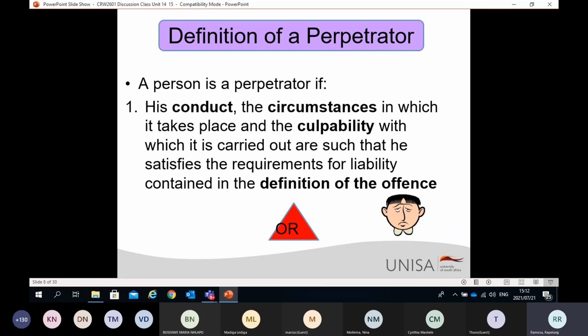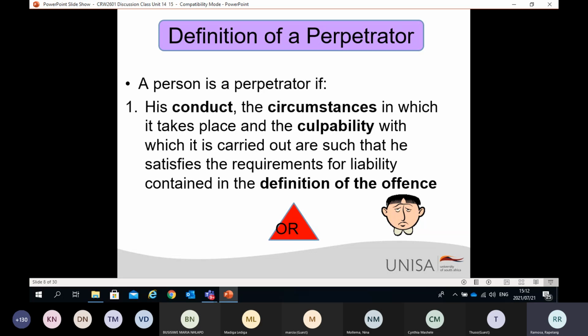So far, under the definition of perpetrator, we have two types of perpetrator liability. The first type is the one that we have been dealing with all along, whereby we say the person, by their conduct, the circumstances in which it takes place, and the culpability with which it is carried out, satisfies the requirements in the definition of the offense.